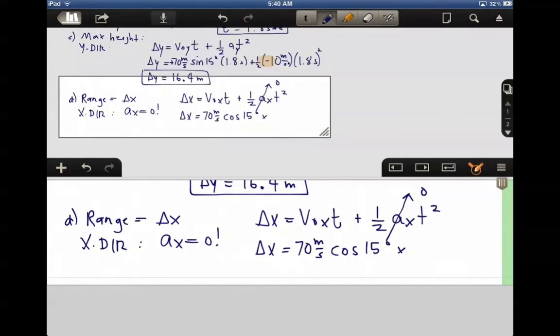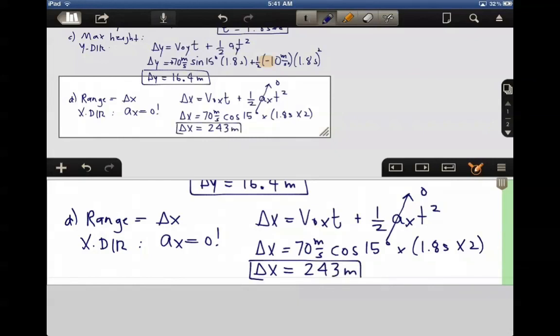So it's going to be 1.8 seconds times 2, because we're looking for delta x for the entire trip. And I got 243 meters. This is the end of this practice problem.